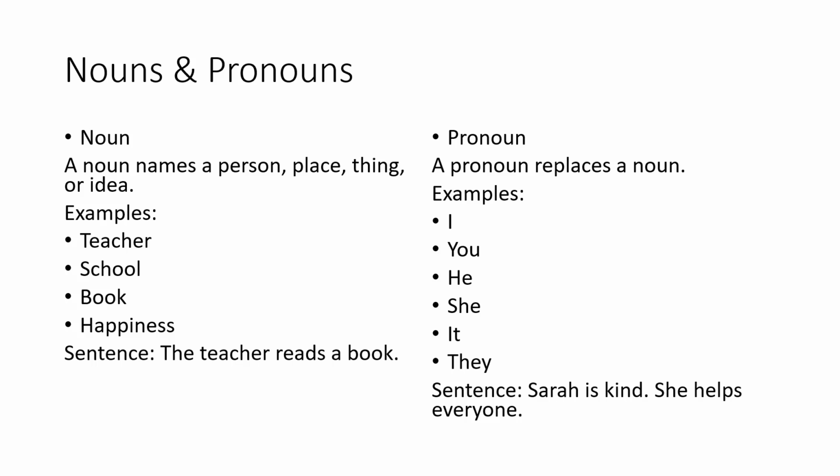Other things include laptop, wall, joy, sorrow, scissors, water, a glass of water, things like that. In a sentence, as an example, the teacher reads a book. The teacher is the noun, and the book is another noun.